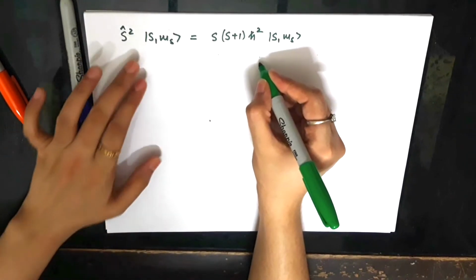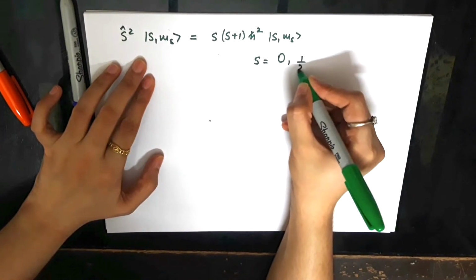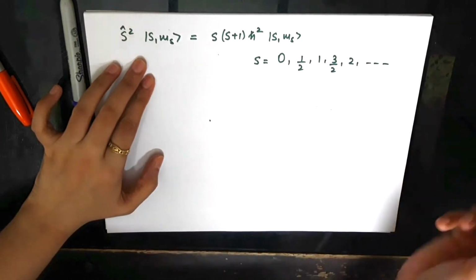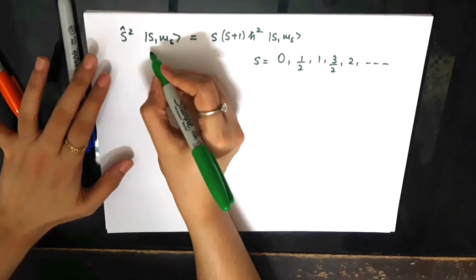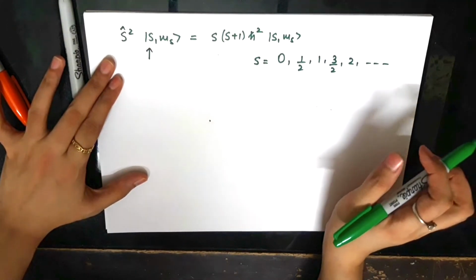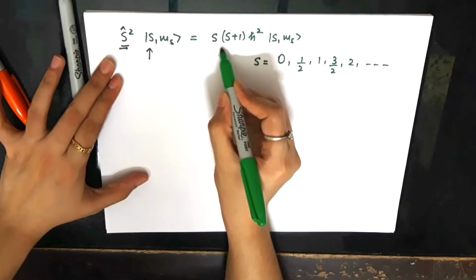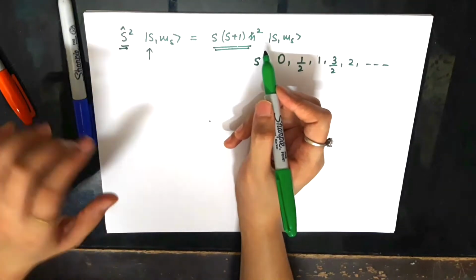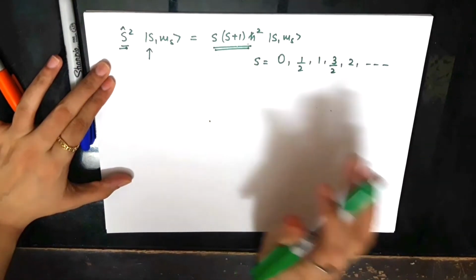In the case of spin, s could take any integer or half-integer value. But this s is not exactly the eigenvalue of the S squared operator. The eigenvalue of the S squared operator is s(s+1), a bit more complicated, but completely determined from this number s.